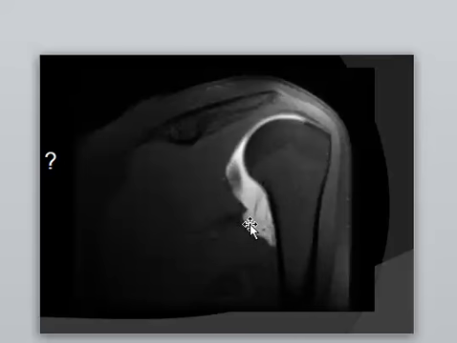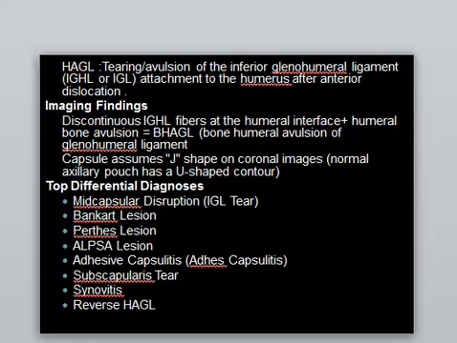It is due to detachment of this ligament from the humerus here, so this is HAGL, typical HAGL. HAGL means humeral avulsion of the glenohumeral ligament, detachment of the humeral attachment of the glenohumeral ligament.